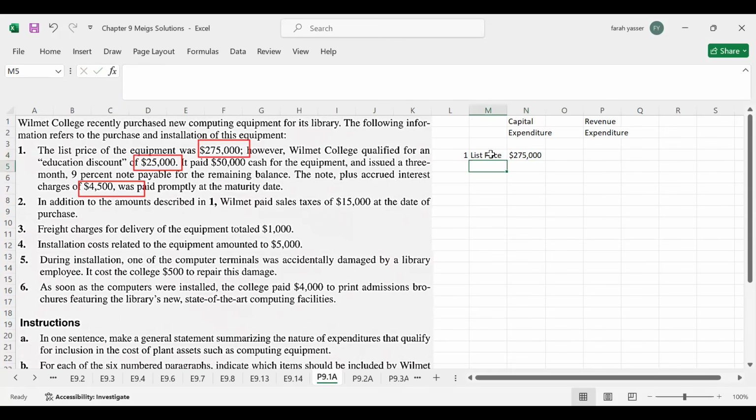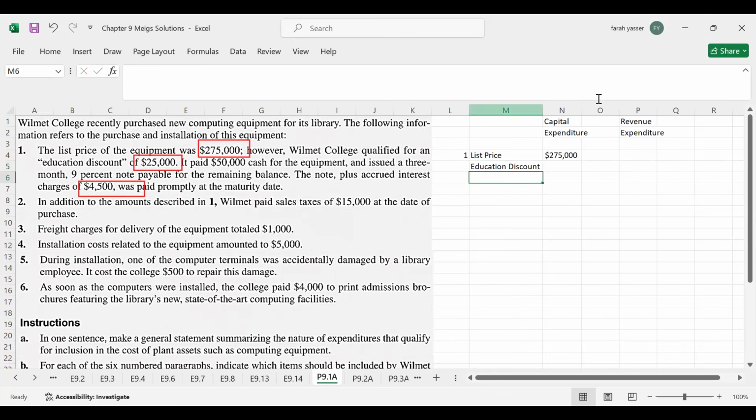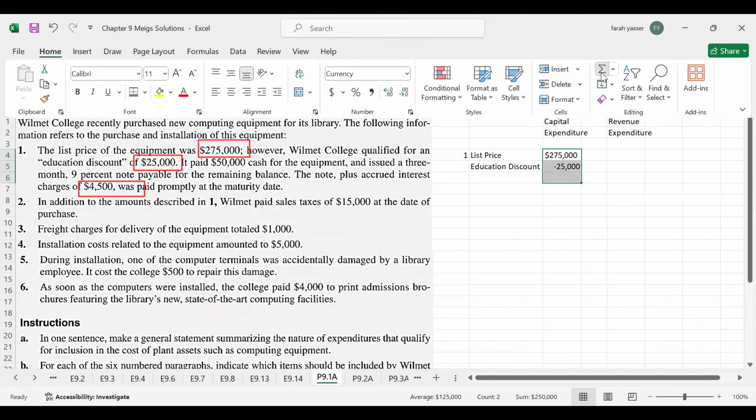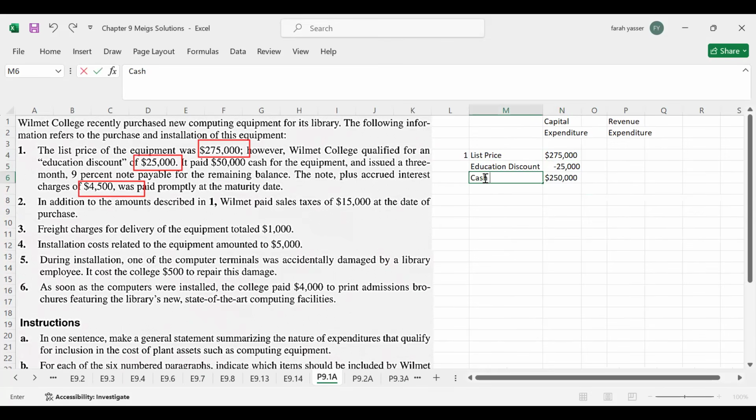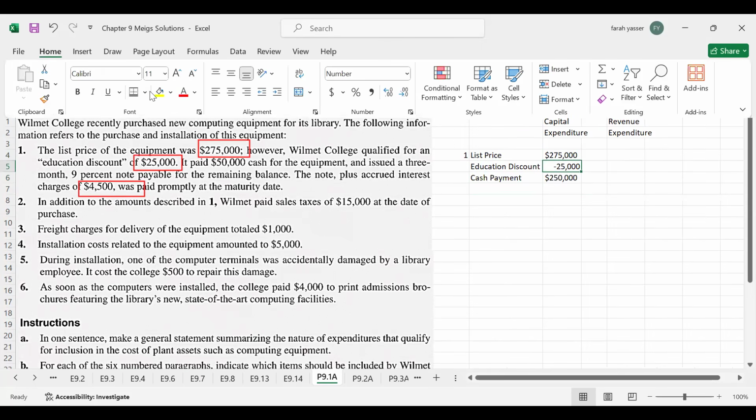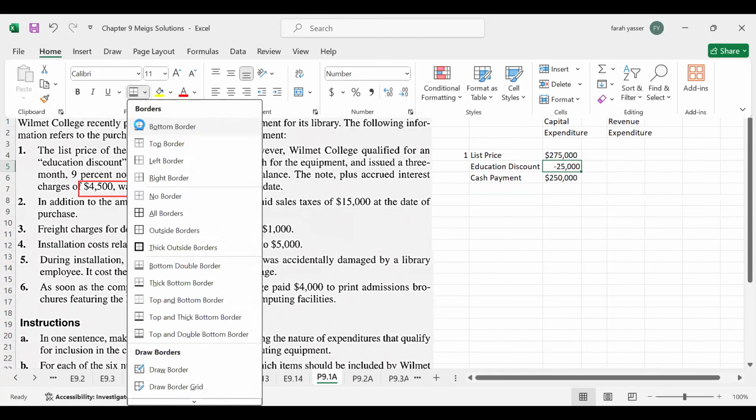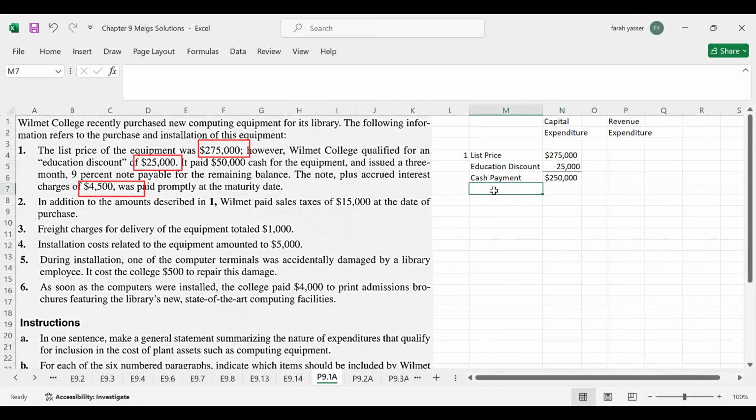Then we deduct education discount, which is $25,000. So the total cash payment for the purchase of the asset is 2,50,000.